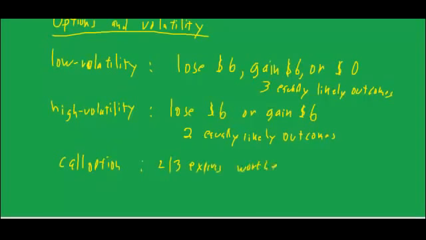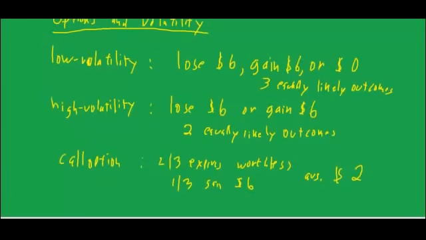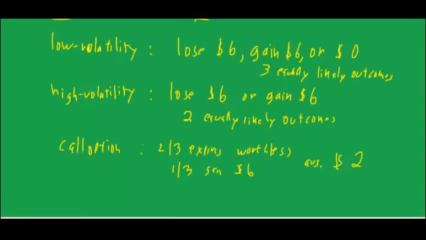And let's say again this is an at-the-money option. So when the stock gains $6, which will happen 1/3 of the time, we gain $6. So on average, since we only win 1/3 of the time, this call option is worth $2 in the low volatility environment.